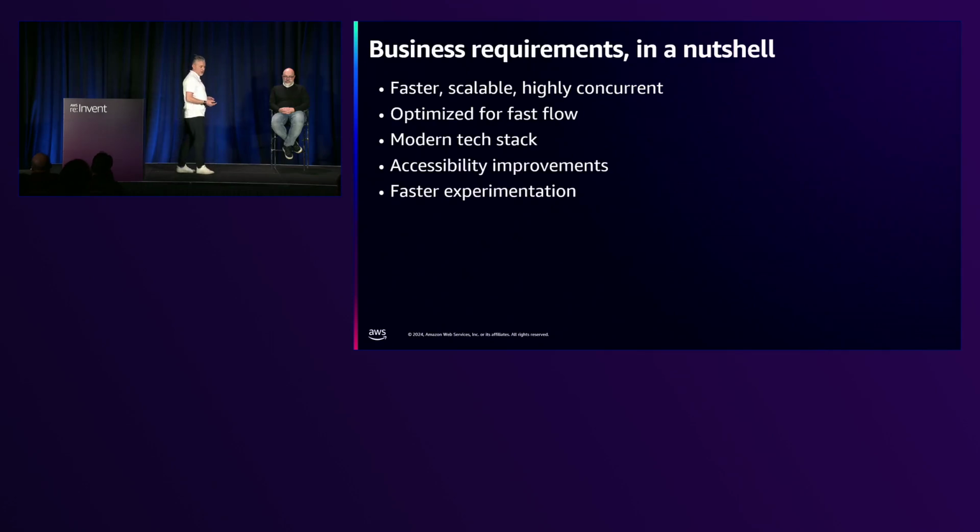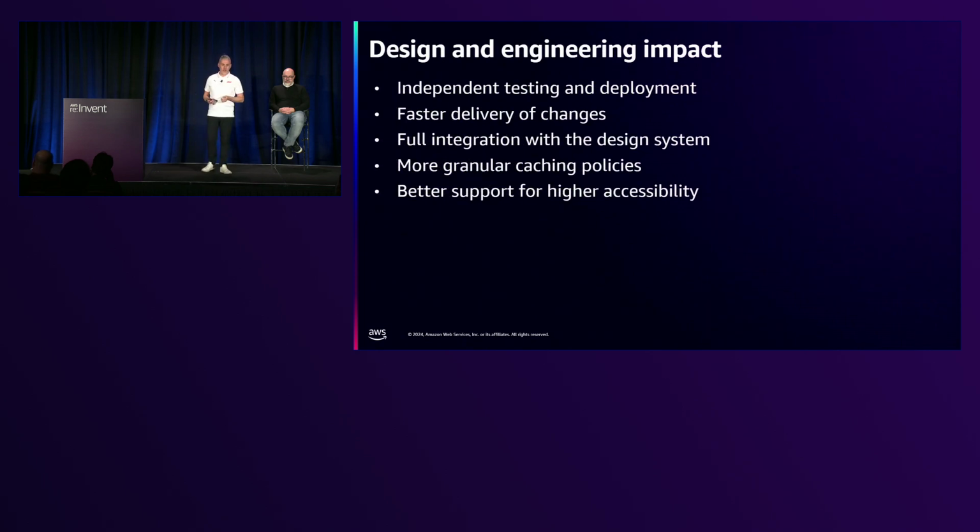So how can micro-frontends address these needs, these requirements? Well, with independent testing and deployment, faster delivery of changes, and full integration with the design system, and interestingly, more granular caching policies. Why is that important to Formula1.com?